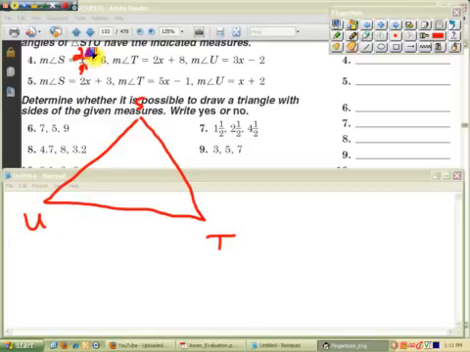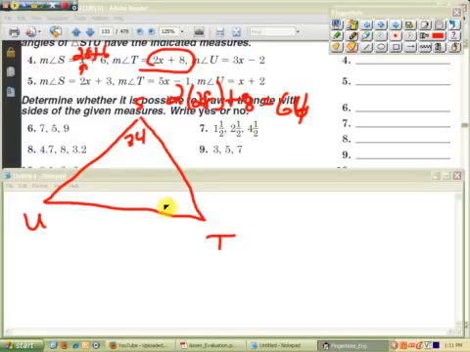So it's going to be 28 plus 6 is angle S. That is 34 degrees. Then I put the 28 in for angle T right here. So it's going to be 2 times 28 plus 8. So that's 56 plus 8, which is 64.